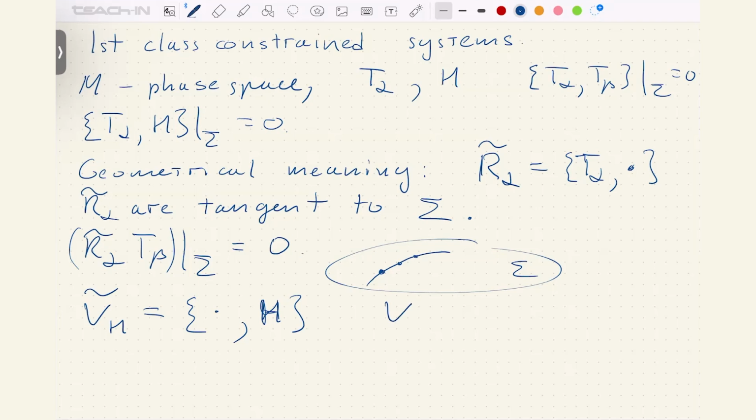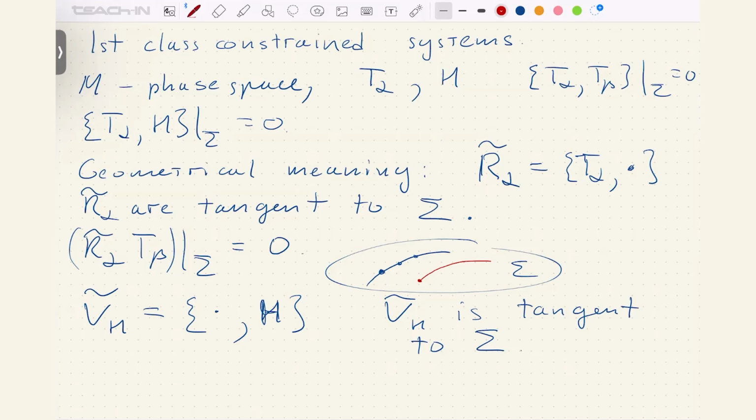So this V H twiddle is also tangent to sigma, which means that if we study our evolution, and if we start with a certain point on sigma, then our evolution takes us somewhere, but still we stay on sigma. So evolution preserves sigma, which is precisely the consistency condition of our equations of motion.